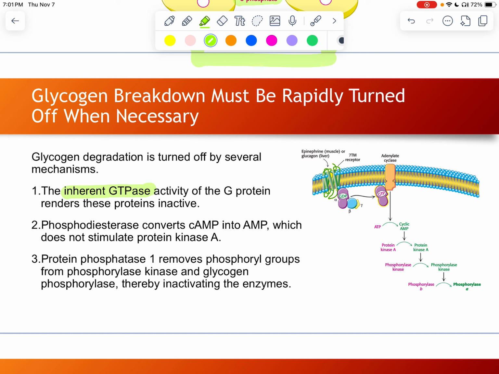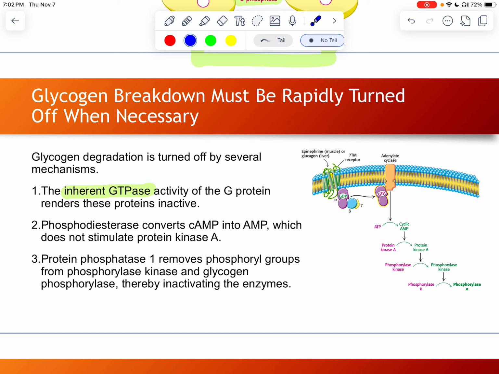If you remember this G protein, this GTP, this protein has in it an enzyme that will snip off one of those phosphates and change it back to GDP, which will not activate that adenylate cyclase. So that is one way that we slow down this whole cascade and quit phosphorylating that phosphorylase.